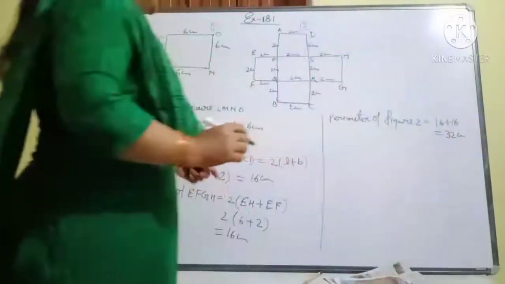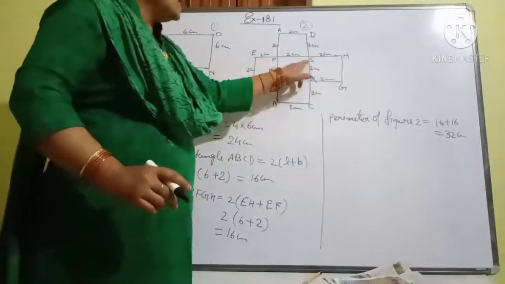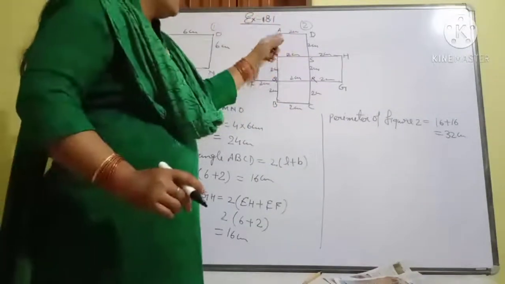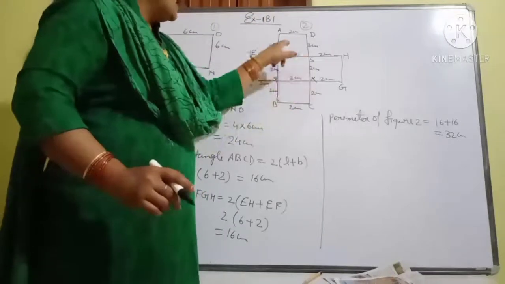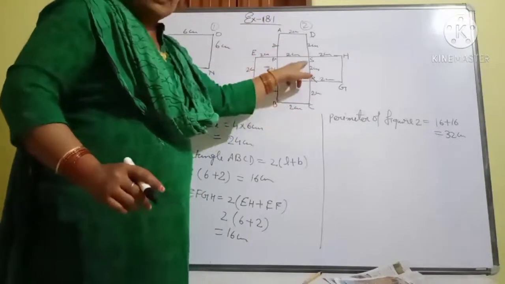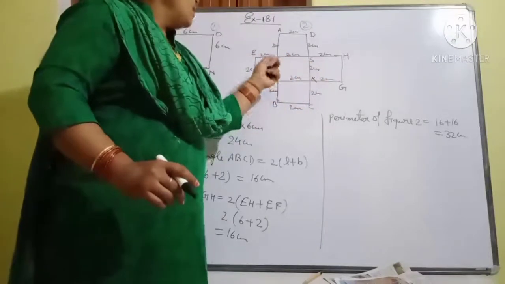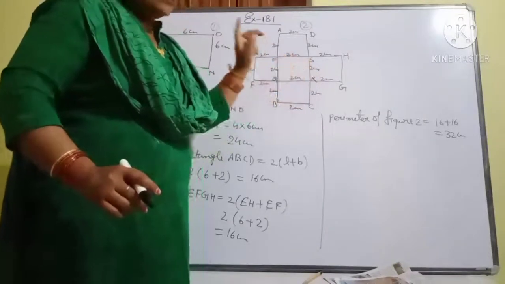But if you see, this PQRS is added 2 times. When you took ABCD, at that time PQRS was common, and when you took EFGH, at that time also the PQRS perimeter is added in the given figure.